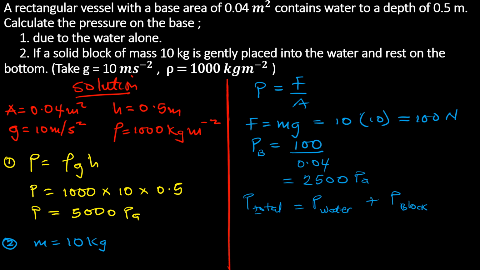So P total will be equal to 5000 plus 2500, which is 7500 Pascal.